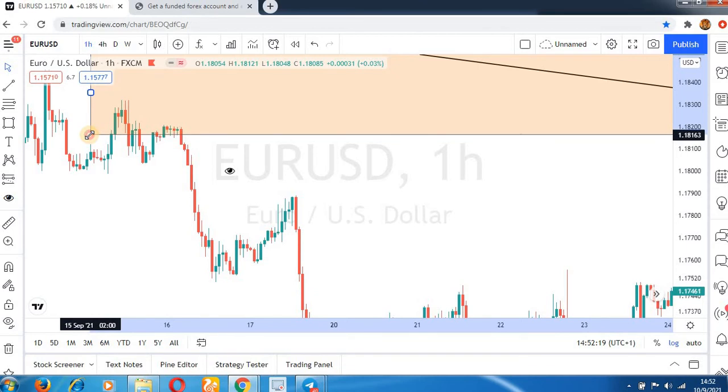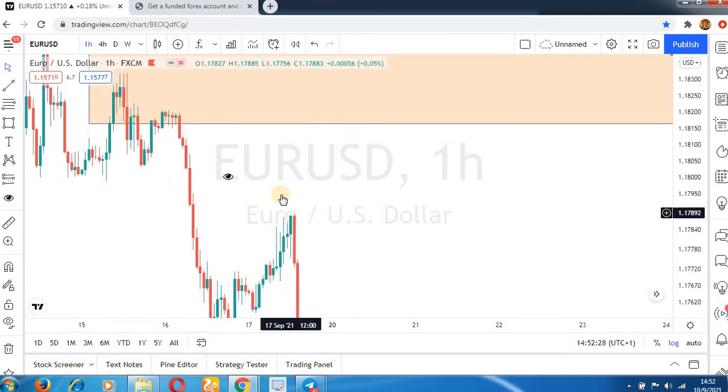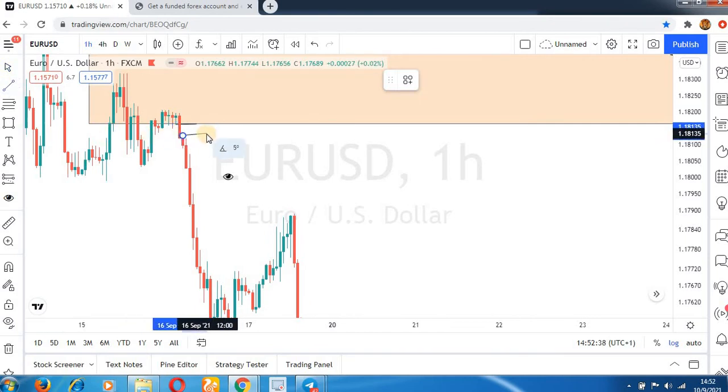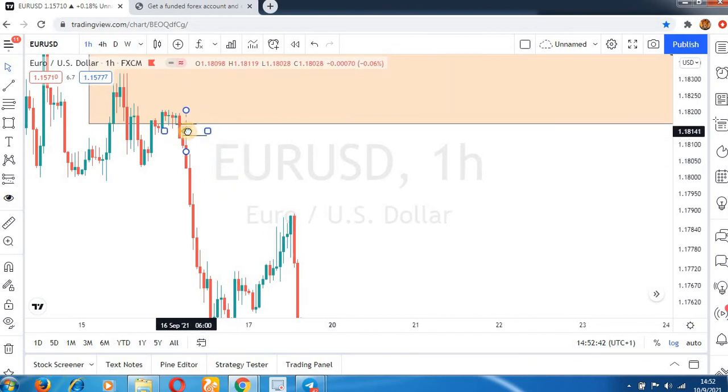You understand? Are you seeing it? So this becomes the immediate imbalance now. It's moving from here to here. Look at the immediate imbalance. It's now this green wick and this red one. Are you with me?